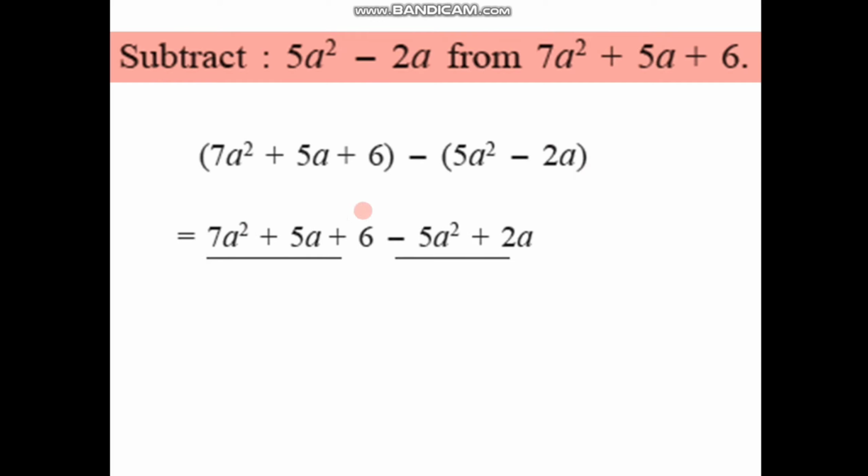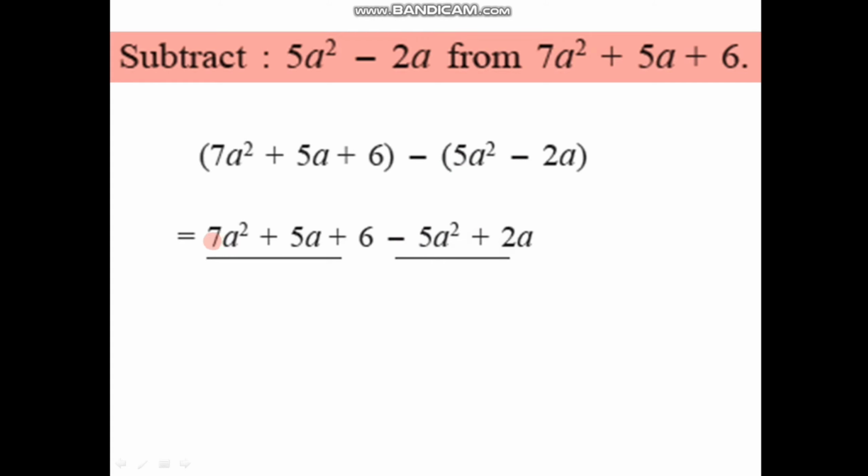So the next step, we have to remove these brackets. So we'll write the first polynomial as it is, 7a square plus 5a plus 6. Now while removing the bracket, one thing should be noted here, that outside the bracket there is a minus sign. So after removing this bracket, you have to change the sign of each term in the bracket. That is plus 5a square will become minus 5a square and minus 2a will become plus 2a.